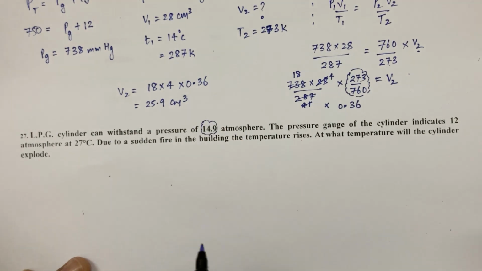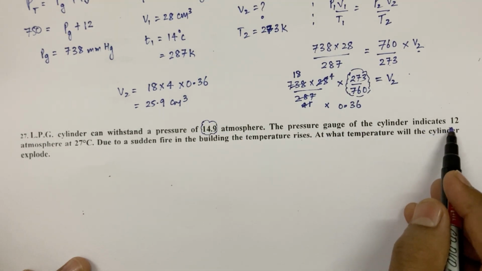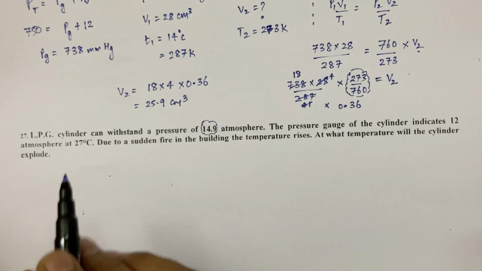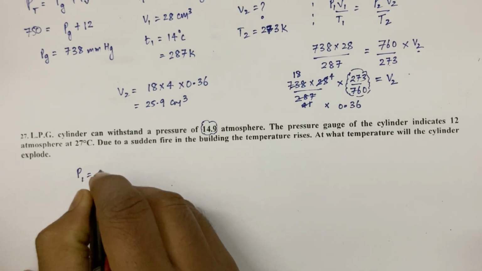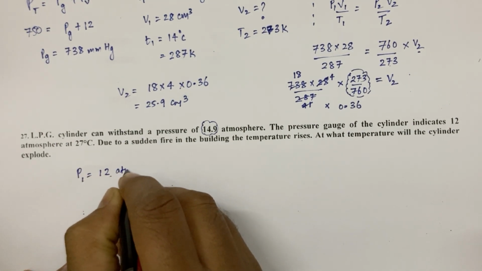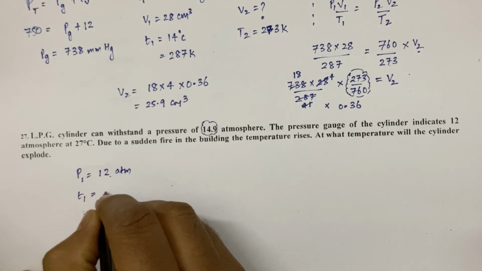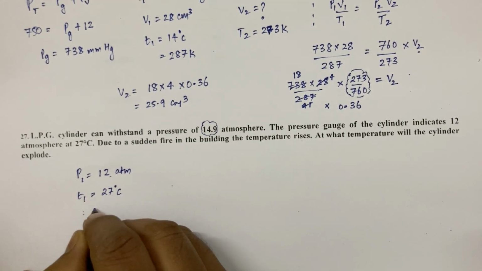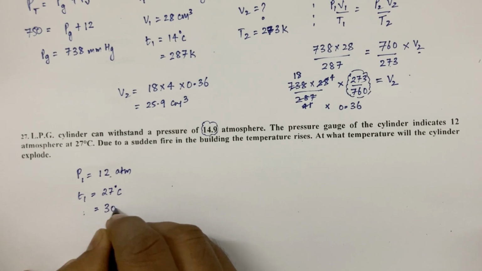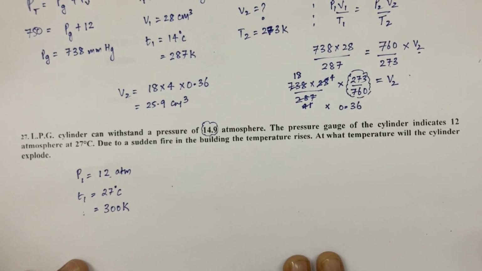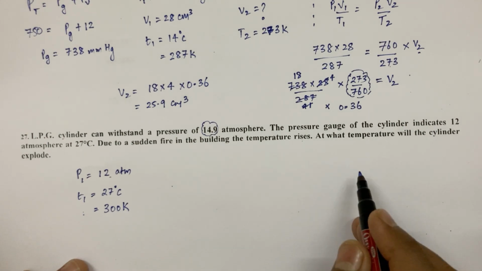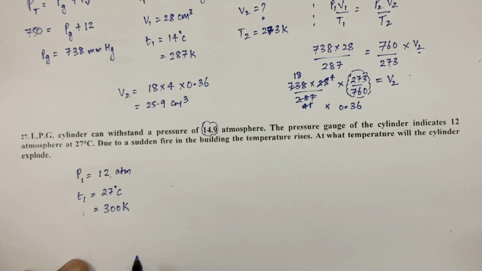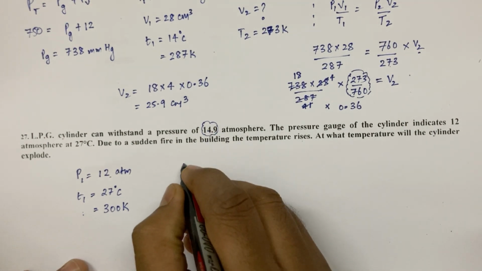When they are talking about single cylinder, volume remains constant. So when you apply combined gas law, but volume is constant, combined gas law with constant volume, I will have P1 upon T1 is equal to P2 upon T2. So that implies 12 upon 300, that is equal to 14.9 upon T2.